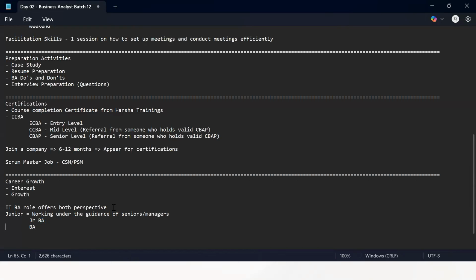A BA has some experience, so they don't require hand holding in every scenario, but in certain new scenarios that they have not encountered before. Then the next comes your mid-level growth. This is where you are now working independently, and at the same time you are guiding juniors as well.